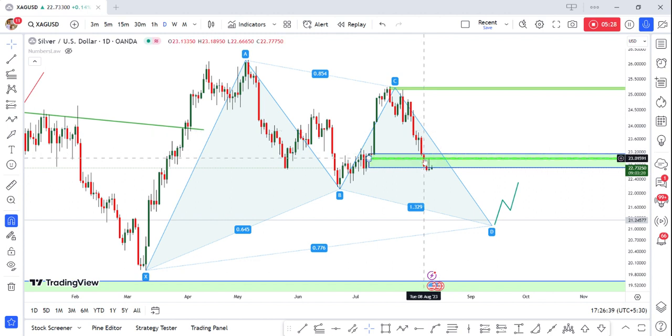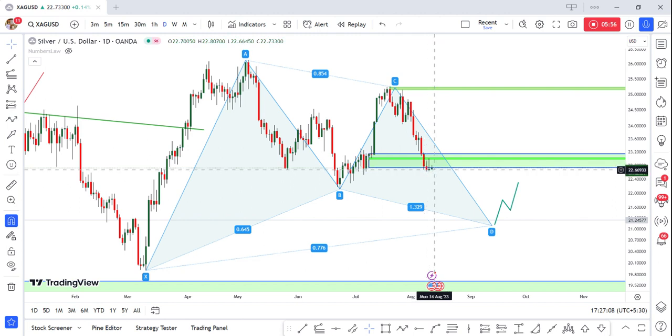But the rule of the zone is that wherever there are jointly happening zones, like hourly and another time frame, that will be the strongest zone. But that invalidated both the daily zone and the hourly zone, which you can see in blue and green. So it is coming down.